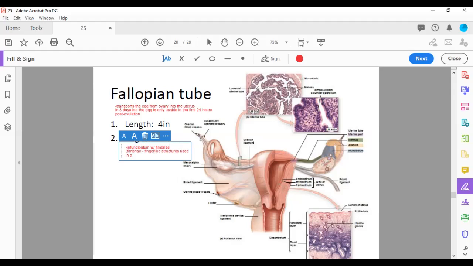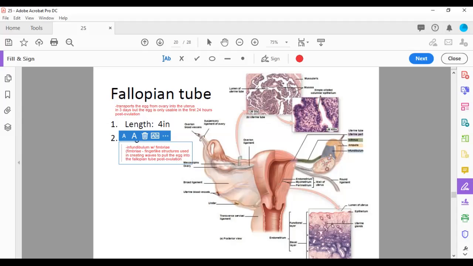They are used in creating waves to pull the egg into the fallopian tube post ovulation.